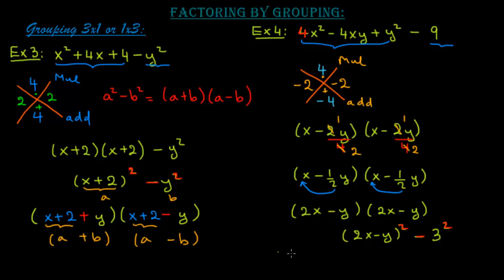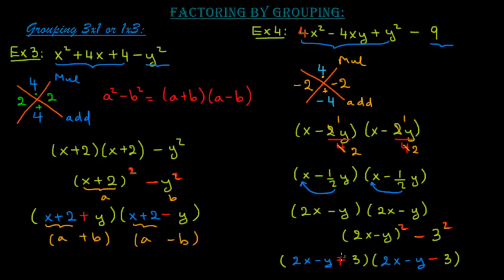So we will have 2x minus y plus 3 times 2x minus y minus 3, and that is the final answer.